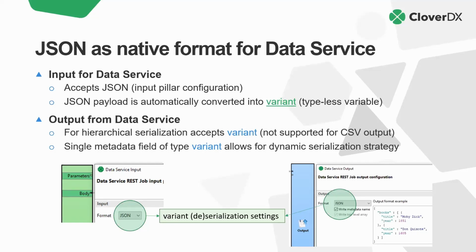Now, with the input pillar and output pillar which you have in REST jobs, you can deserialize and serialize JSON documents to and from variants, which makes it quite easy to define a data service which works essentially on the Exchange side with JSON format. We'll see that in the demo later. I do have a small project prepared, so you can actually see what is going on and how to work with such a data service.